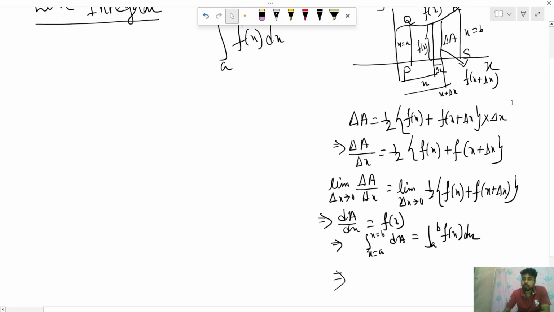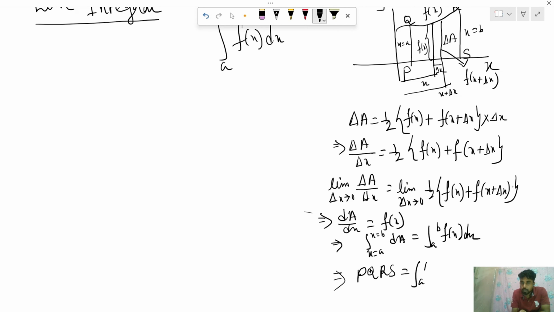If I integrate dA over x equal to a to x equal to b, from the left hand side we get the area of PQRS, and it will be the integral from a to b of f(x) dx.